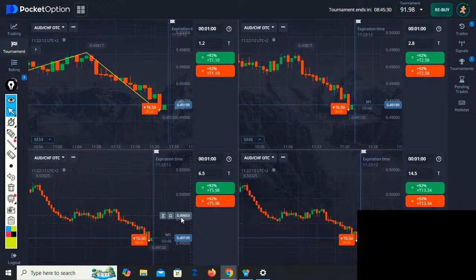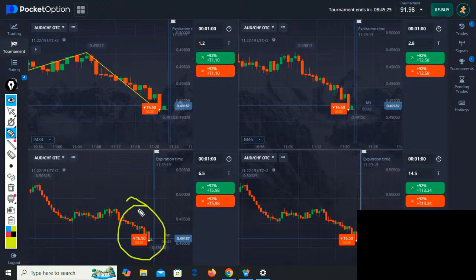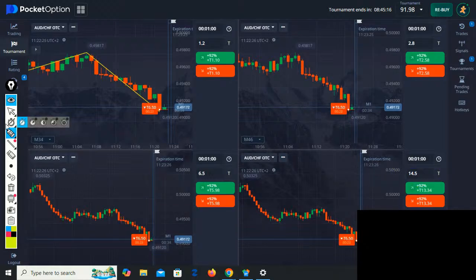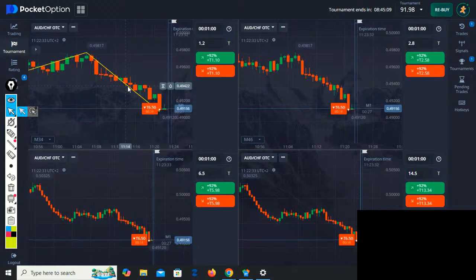If you get a loss on this one, we'll also go for a sell here with this amount. If you get a loss here, we stop the cycle, we go back to stage one. Now you can continue up to 8, but it all depends on your balance and your risk appetite.